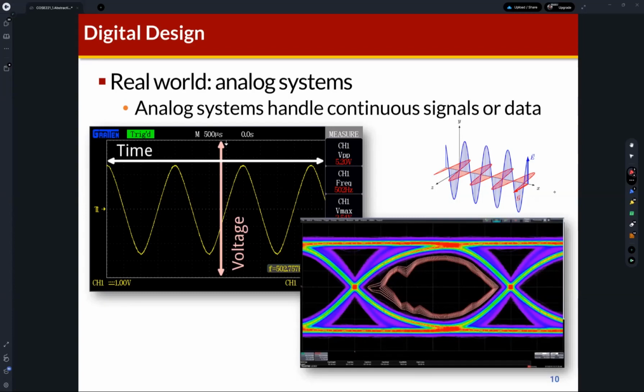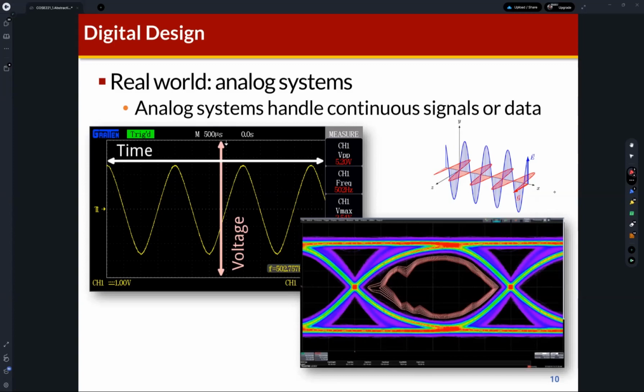The definition of a digital system is very simple. If a system handles digital signals or digital data, then this system is called a digital system, right? It's very simple.